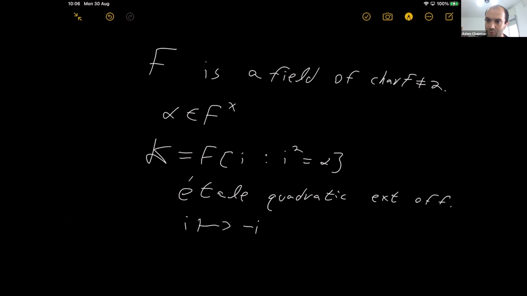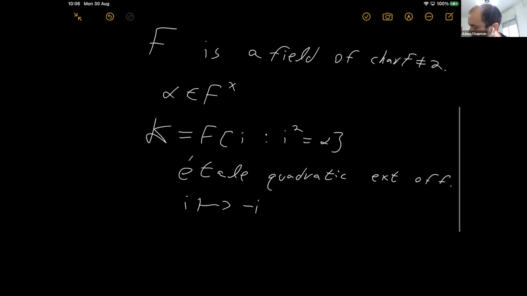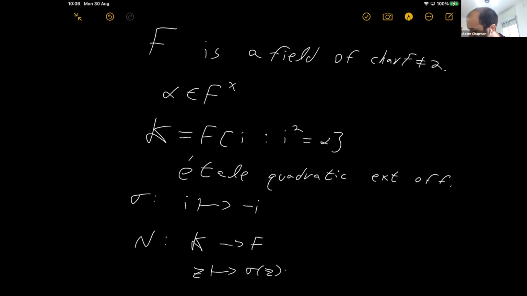In characteristic 2, it would be different. So that's our sigma, and it gives rise to a norm form from K to F, mapping every z to sigma z times z. Now the question is how to keep on going and constructing larger and larger algebras.